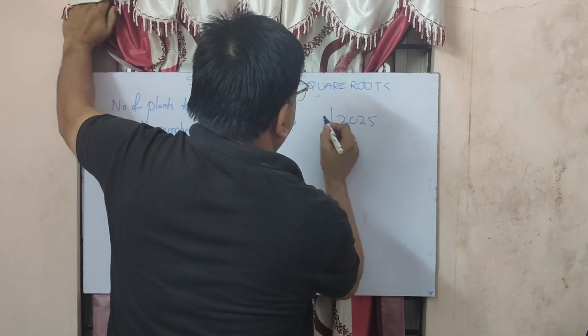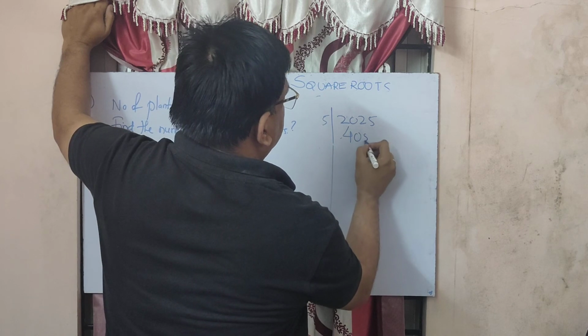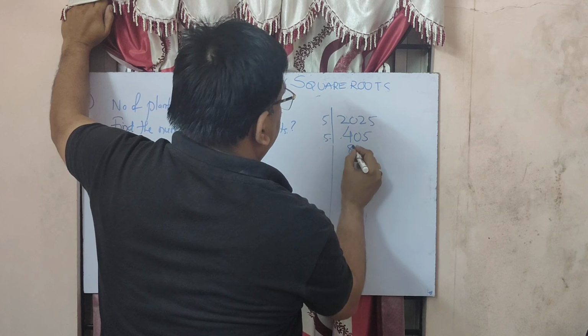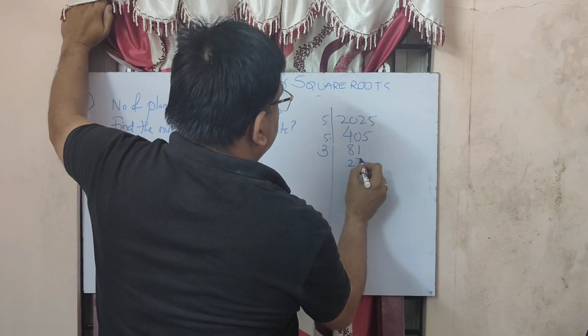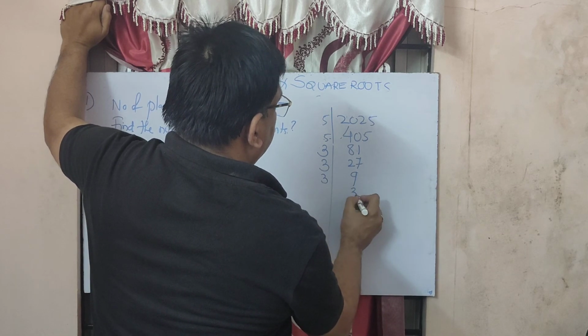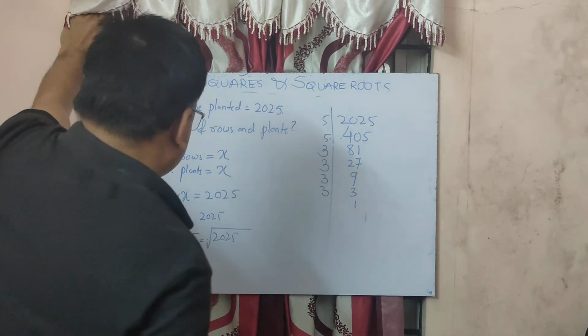Same thing you have to do. The last number is 5, it means divisible by 5. 5 fours are 20, 5 eights are 40, 5 ones are 5. 3 twenty-sevens are 81, 3 nines are 27, 3 threes are 9, 3 ones are 3. So these are the factors of 2025.